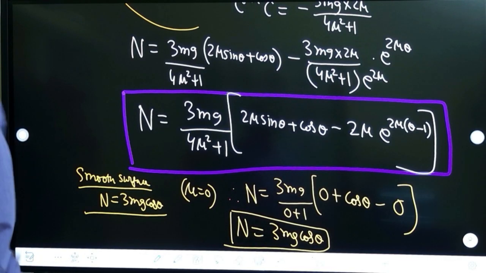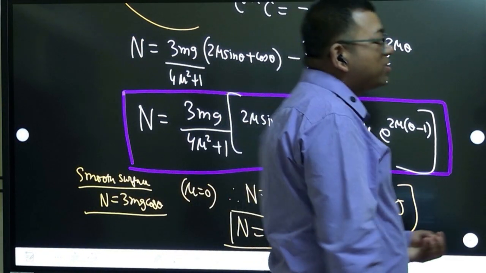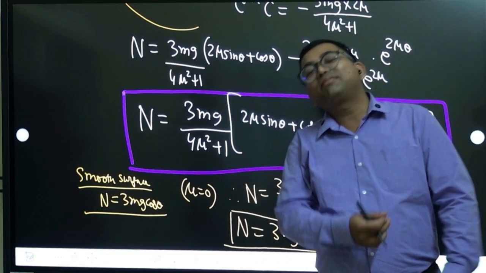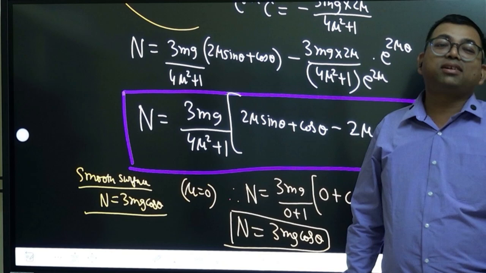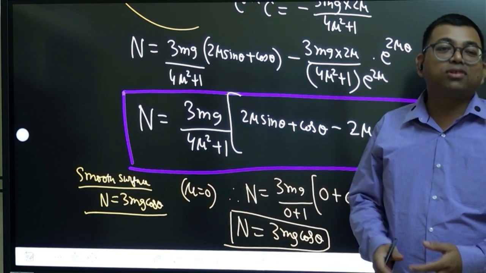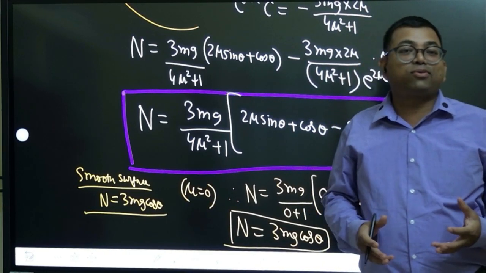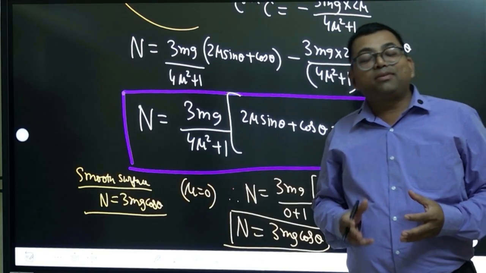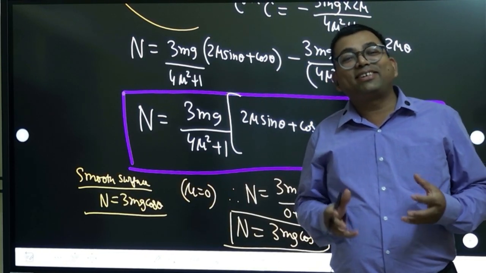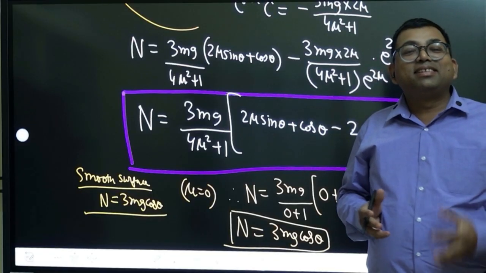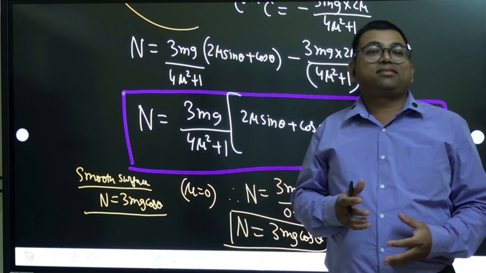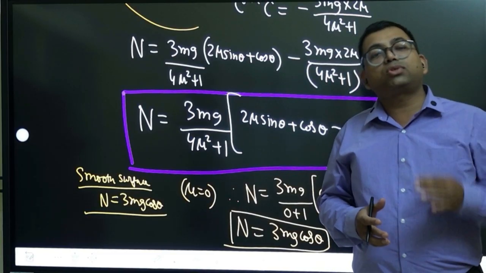So you see, just making a smooth surface a rough surface, the calculation has become so difficult. The solution has become so difficult. This is the mentality of advanced toppers. If you want to really top JEE Advanced, you want to get all India rank within 100, then you have to think like that. That question was a simple question.